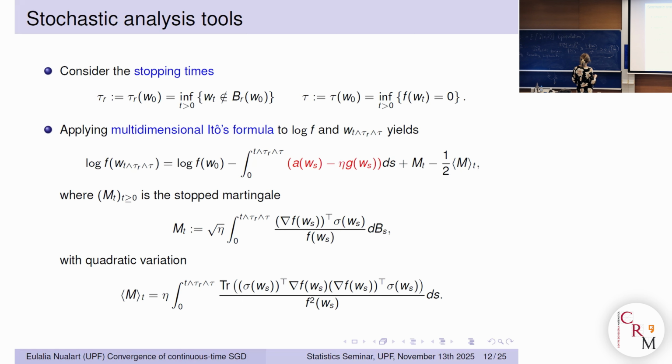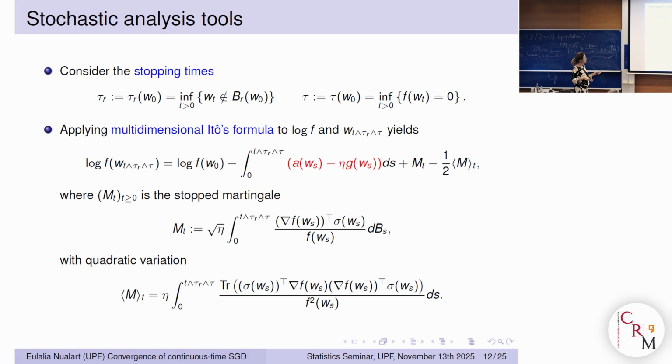We want to imitate a bit Chatterjee, just looking into a ball. And we want to show that if we start in this ball, the ball centered at the initial point, then the process will converge in the ball with positive probability.